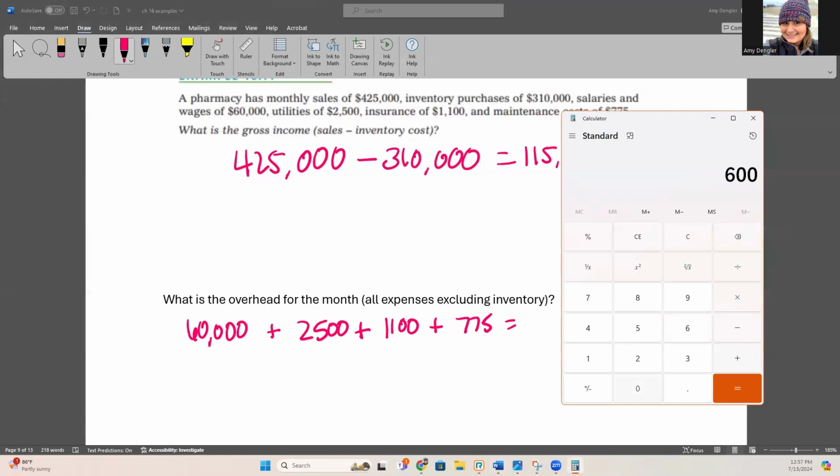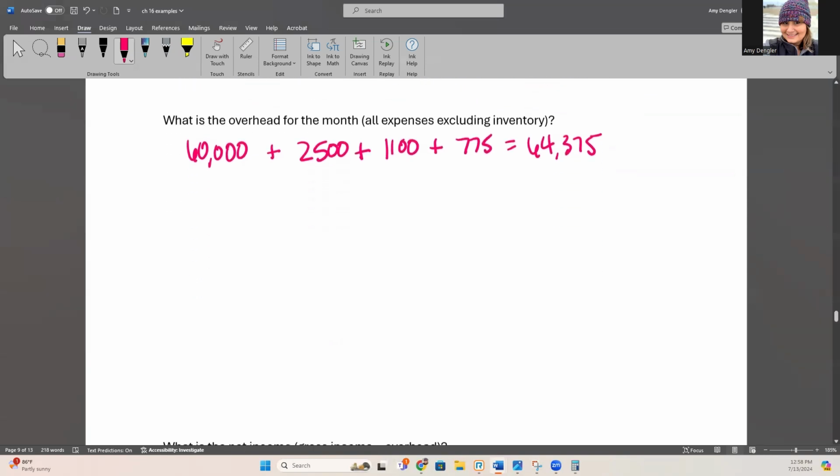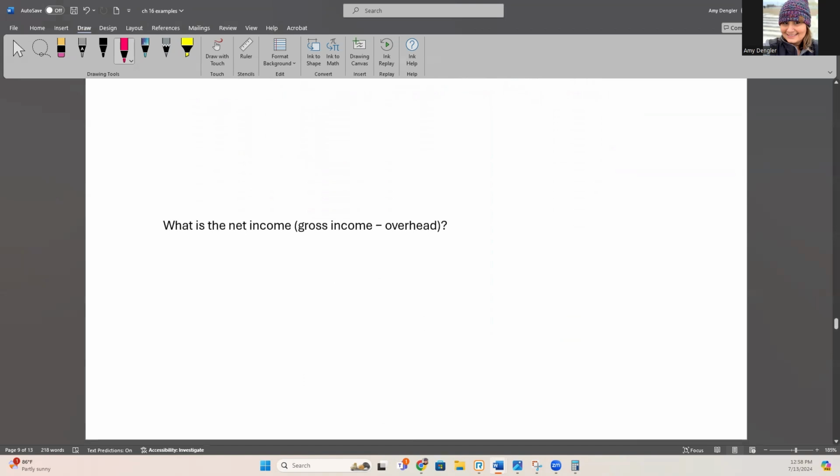And 60,000 plus 2,500 plus 1,100 plus 775. That's going to give us 64,375. And then what is the net income? That's our gross income minus overhead.